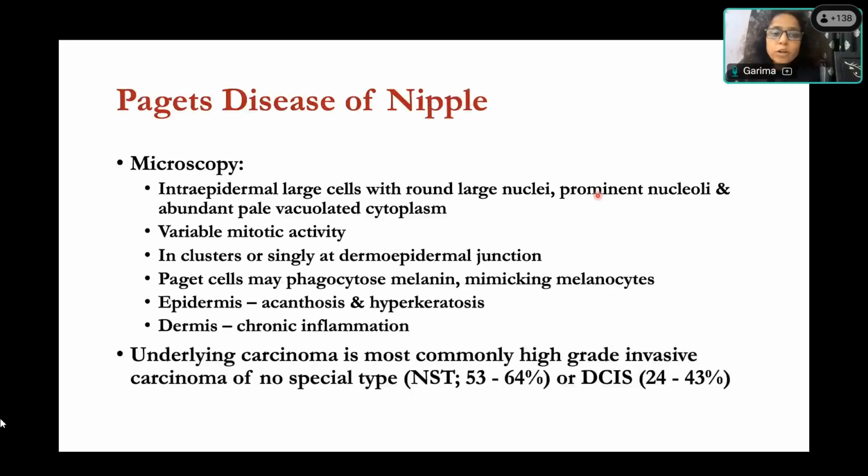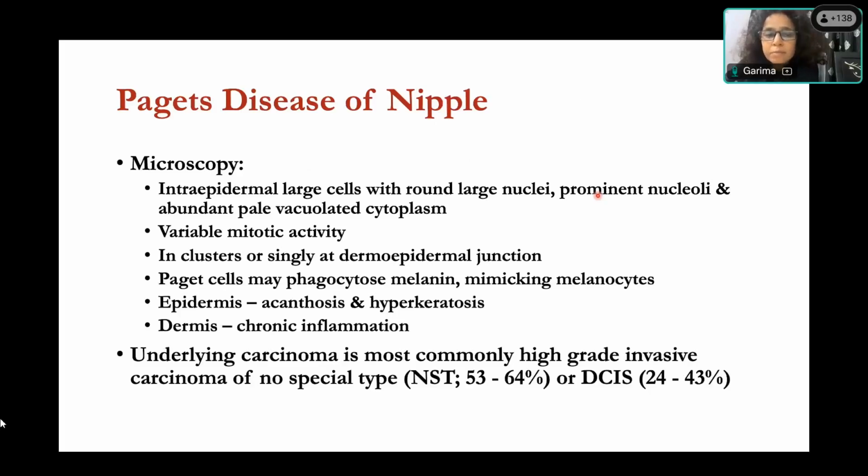So what you saw on microscopy was intraepidermal large cells with round large nuclei, prominent nucleoli, and abundant pale vacuolated cytoplasm. This pale vacuolation is because of glycogen, so these will be PAS positive, and the mitotic activity and pleomorphism can be variable.